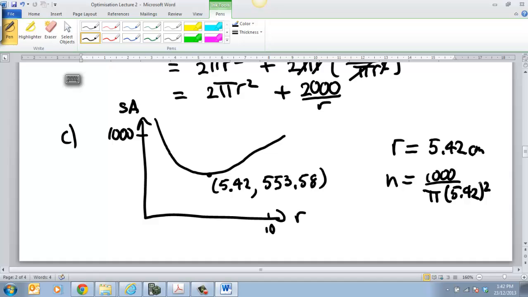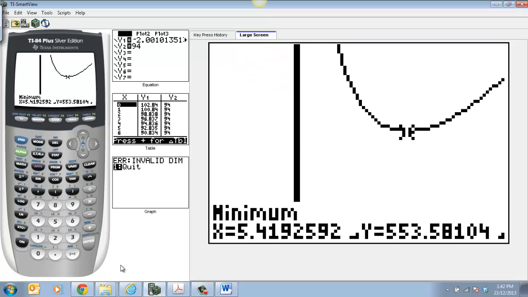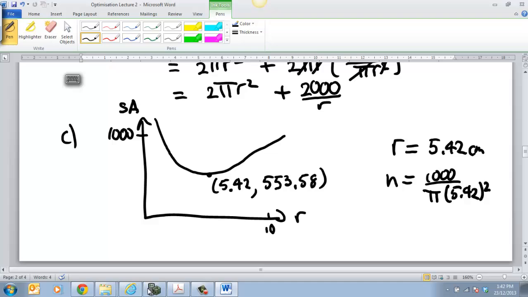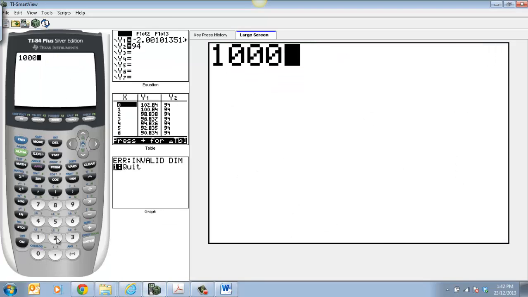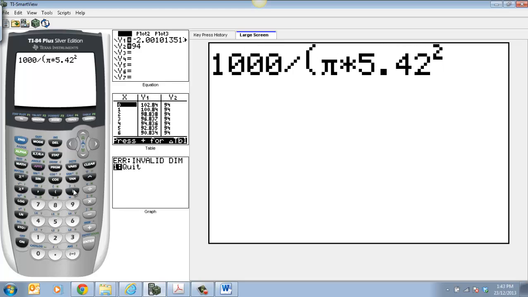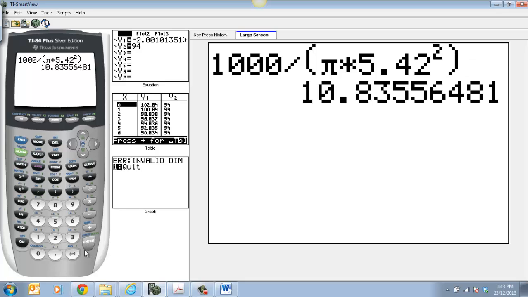squared. So if I go to my calculator to do that, let's quit out of there. 1,000 divided by, remember to use a bracket, pi times 5.42 squared, and that works out to be 10.84.